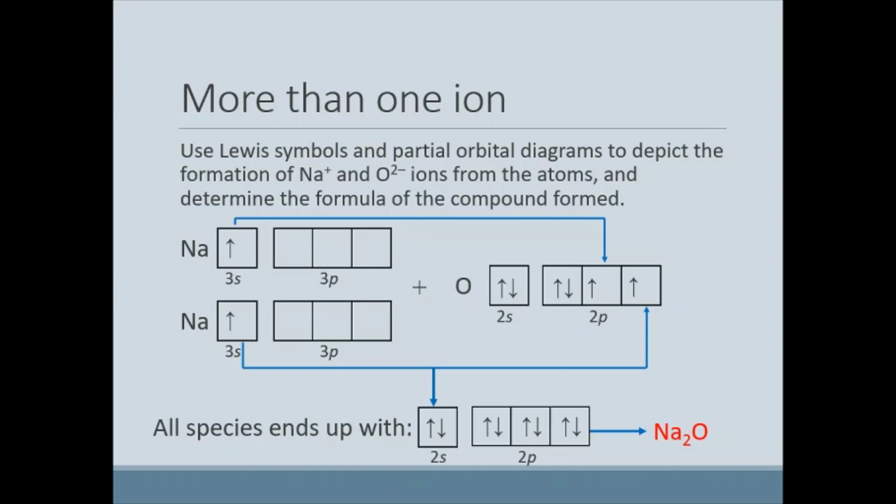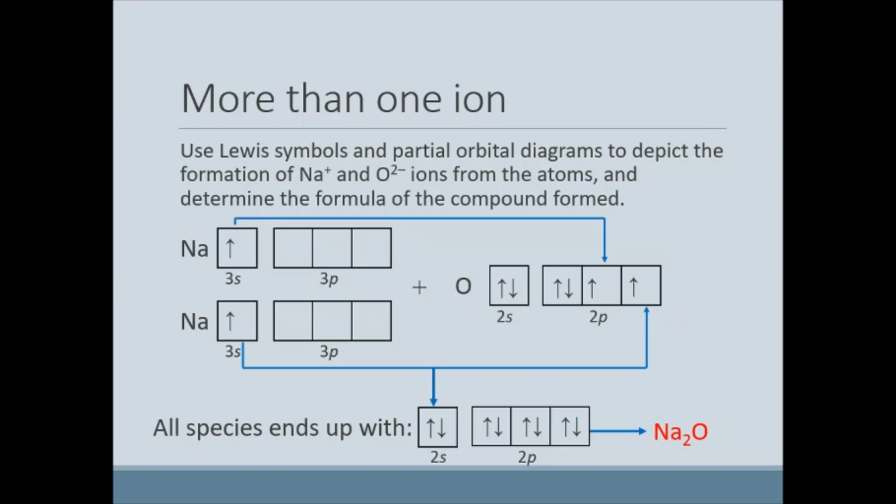And so in these cases, again, your sodium will completely shut down its n equals 3 orbitals in order to become 2s2, 2p6. Your oxygen will now gain 2 electrons and have a completely filled outer orbital. Again, the outer shell is going to be 2s2, 2p6.